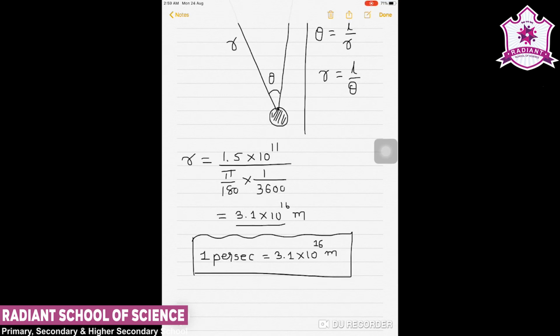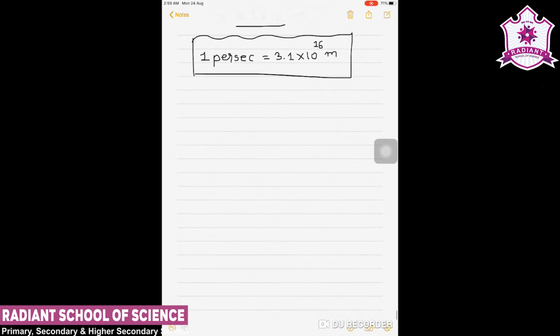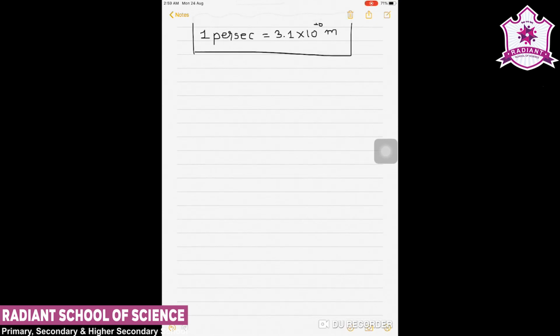Now we will take the next example, that is example number 20. In this example number 20, we are given information and we will apply it again in the same manner regarding parsec. The nearest star to our solar system is 4.29 light years away.